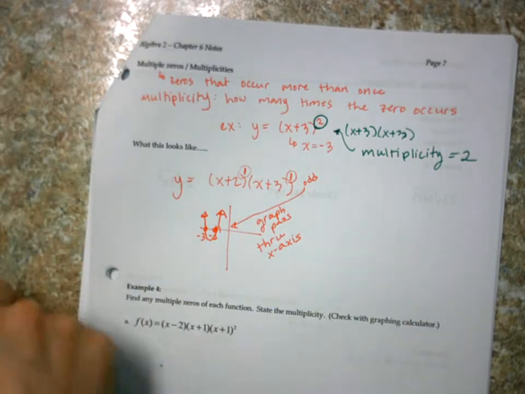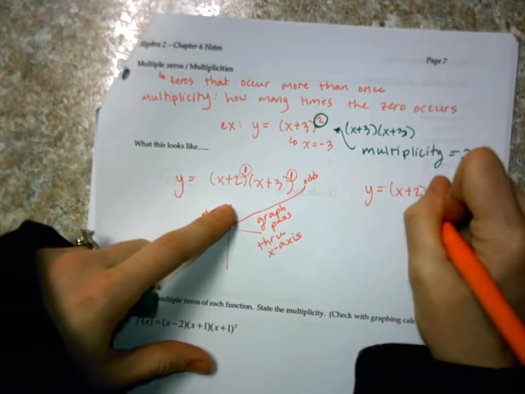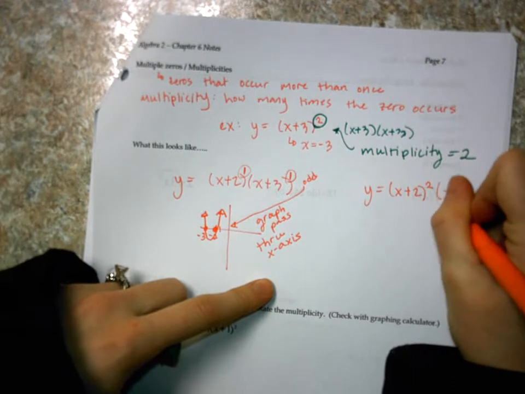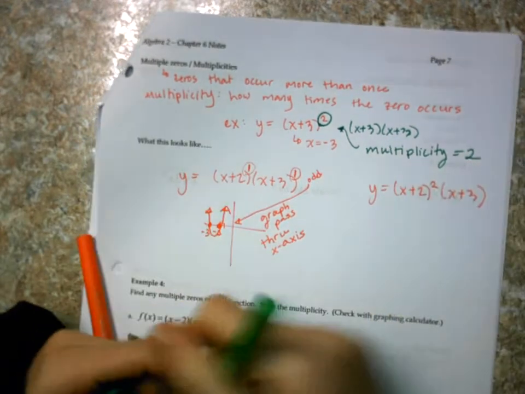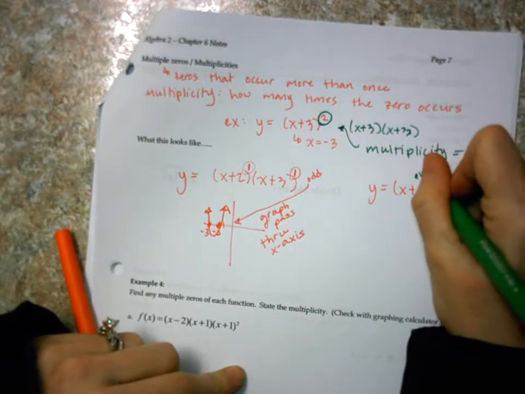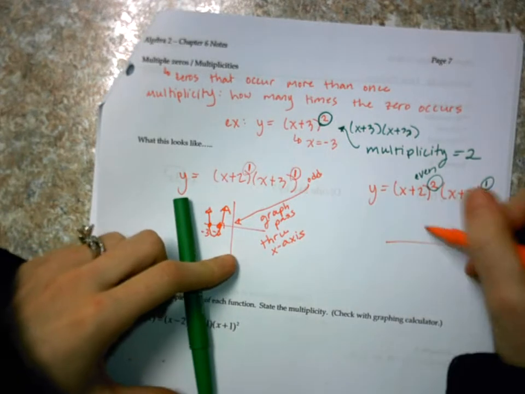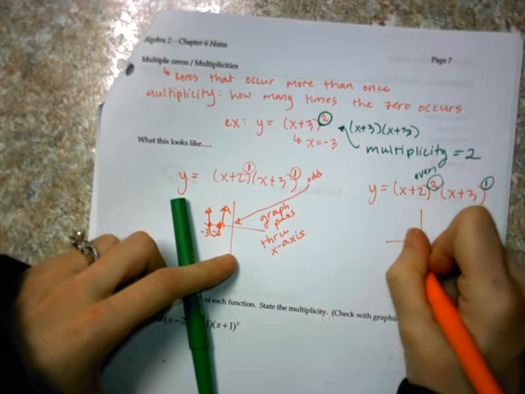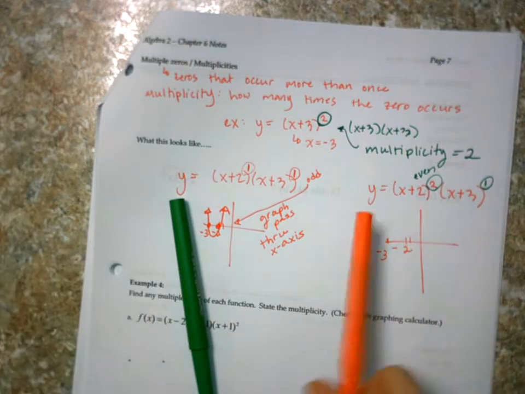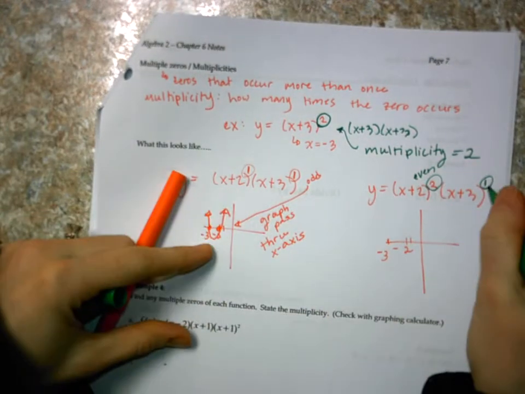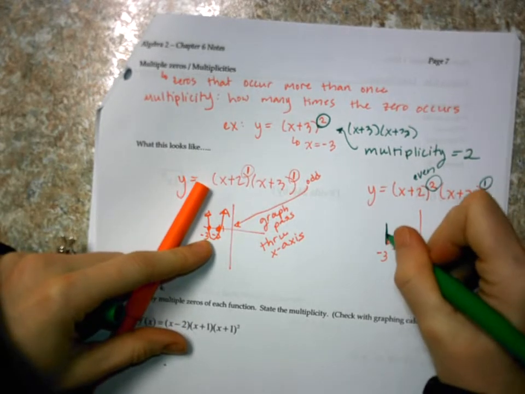However, if I have something similar to this, like y is equal to (x plus 2) squared times (x plus 3), now I have one even power and one odd. If I take a look at how this will affect my graph, I still have zeros at negative 2 and negative 3, but since negative 3 has an odd power, it's going to pass through.